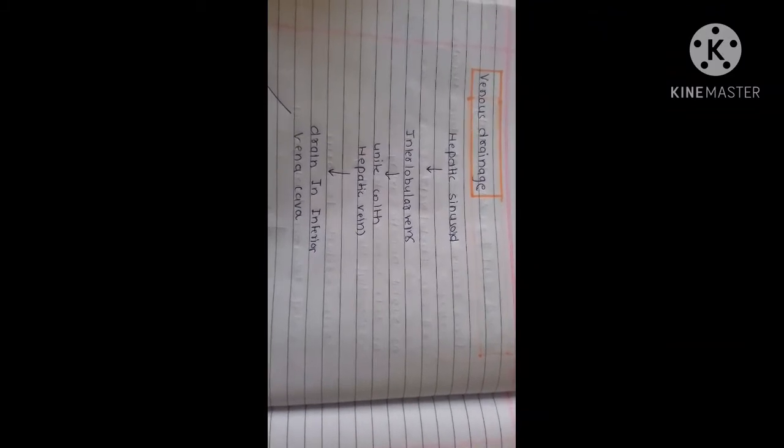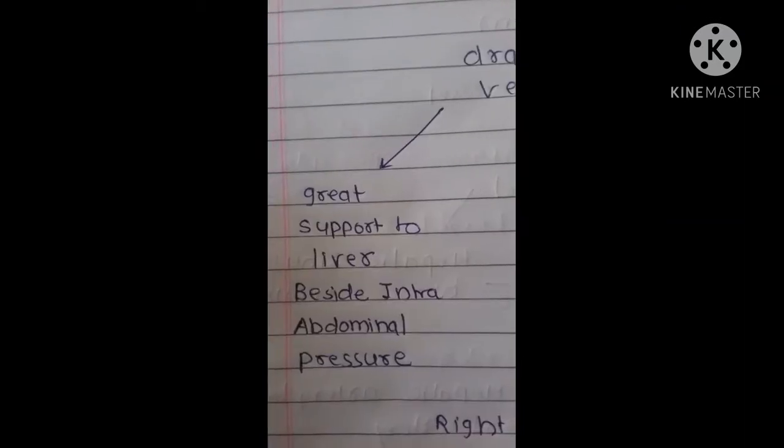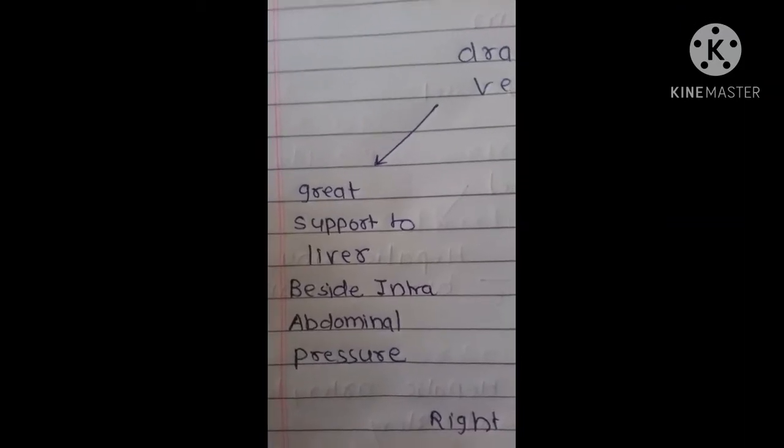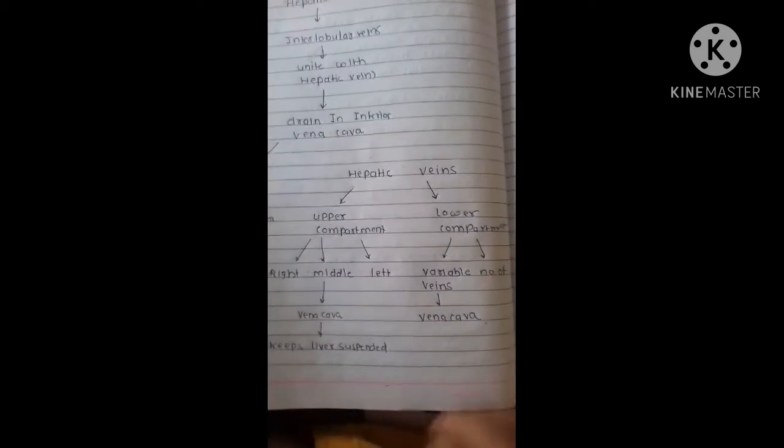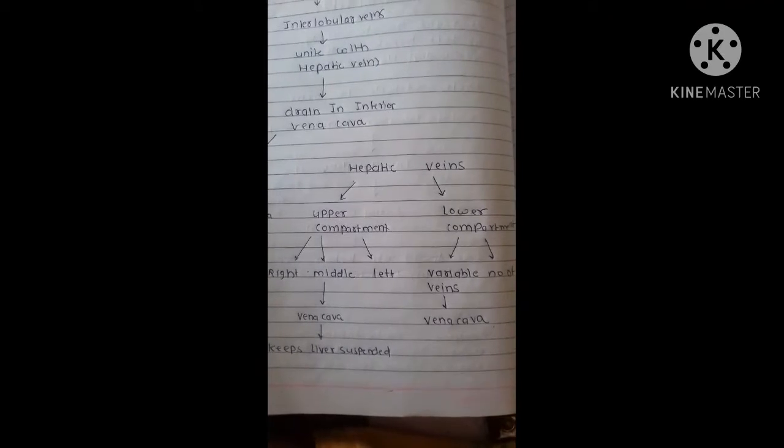Now comes venous drainage. The hepatic sinusoids drain into interlobular veins, then the interlobular veins unite with hepatic veins and drain into the inferior vena cava, which gives great support to the liver besides the intra-abdominal pressure. Each hepatic vein is divided into an upper compartment and a lower compartment.